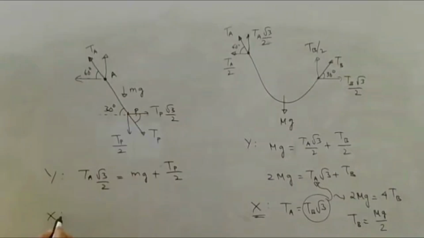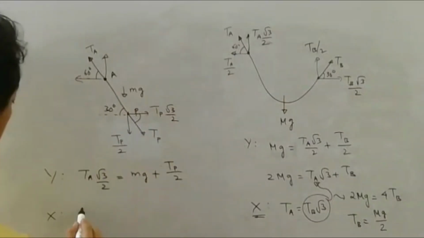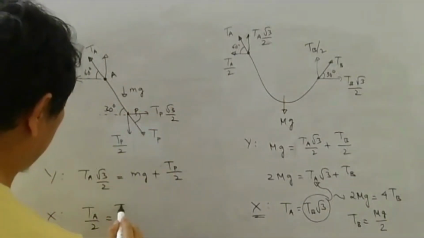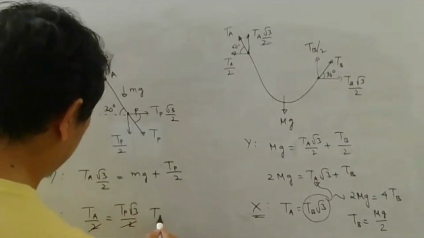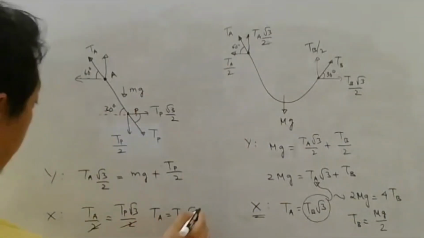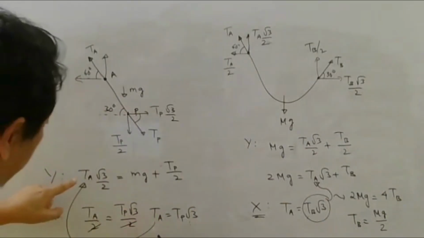Then for x-axis, this one is which component? TA by 2 should balance TP root 3 by 2. So here TA will be TP root 3. So put this TA back here. What will you get?